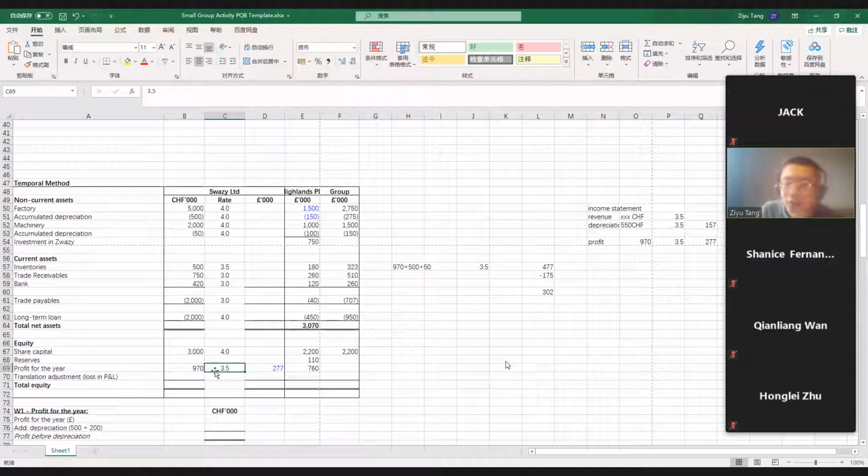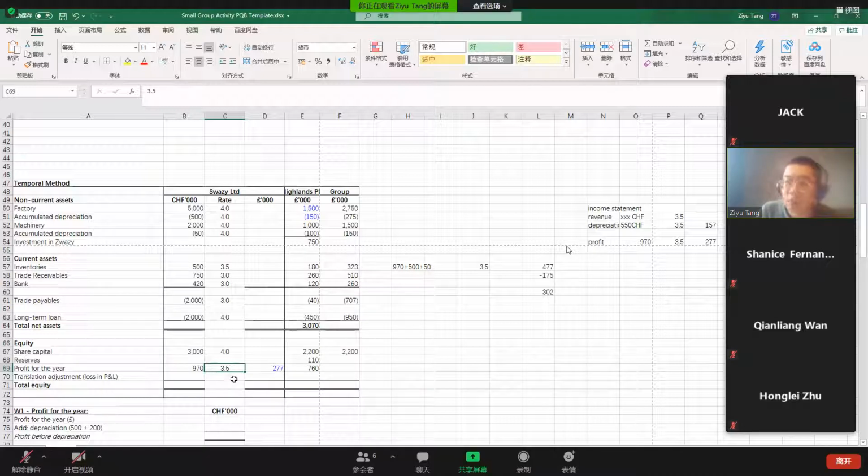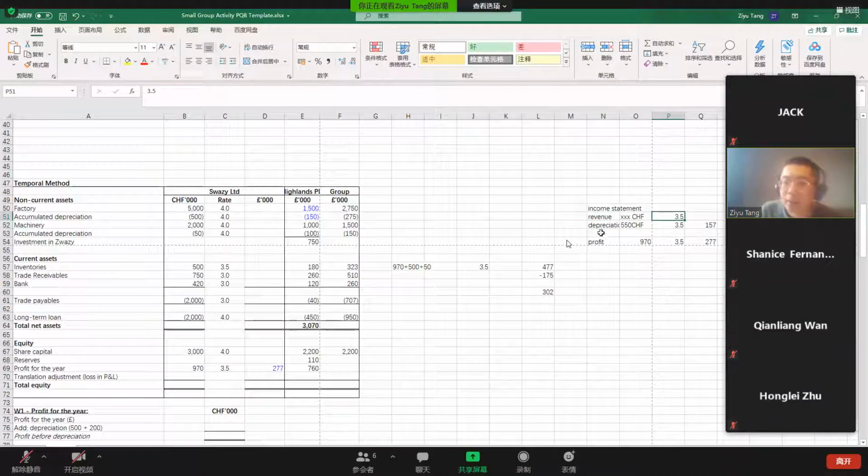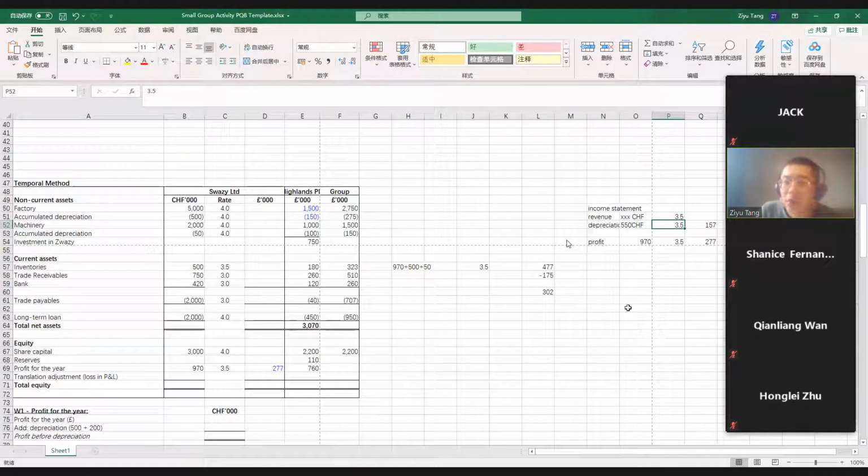Although for the profit for the year we should use 3.5 to calculate, what this 3.5 actually represents is that the revenue and all the costs are made continuously or smoothly, and we can use 3.5 to translate revenue. But the problem is we can't use 3.5 to translate depreciation, because in the temporal method, we need to use 4 to translate the assets and the depreciation value, right?